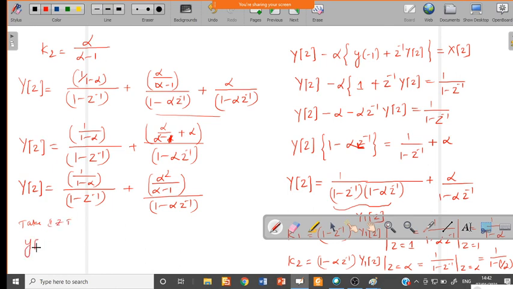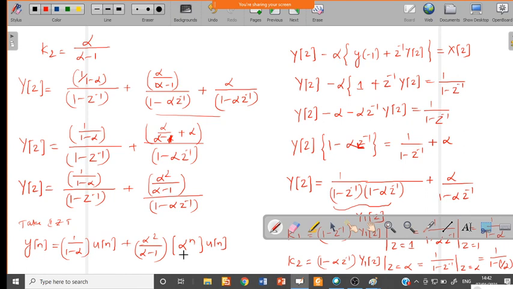So you will get the step response of the system, which is 1 over 1 minus alpha into u of n, plus alpha square by alpha minus 1 into, for 1 over 1 minus alpha z inverse, alpha power n into u of n.